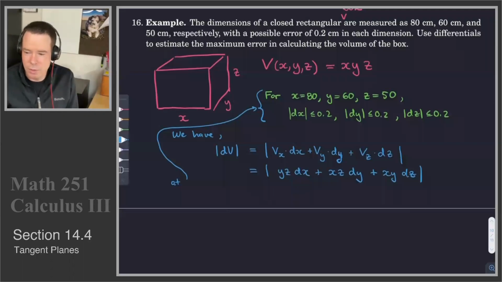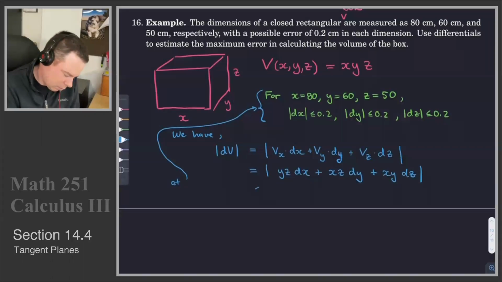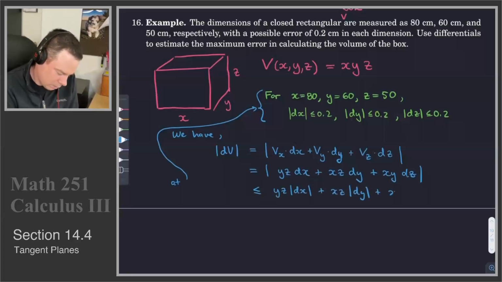But the problem is I don't have exact values. I have upper bounds on their magnitude. So the next line I'm going to write is that this absolute value is less than or equal to, and since x, y, and z are all positive, it'll be y times z times the absolute value of dx, plus x times z times the absolute value of dy, plus x times y times the absolute value of dz.